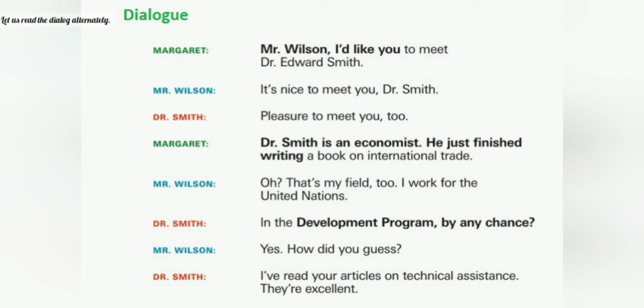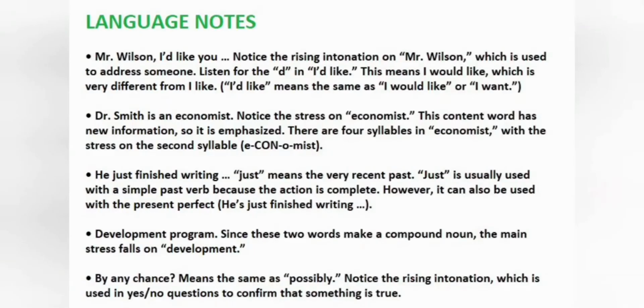In the development program, by any chance? I've read your articles on technical assistance. They're excellent. Very good. Now let me give you the language notes for this lesson.